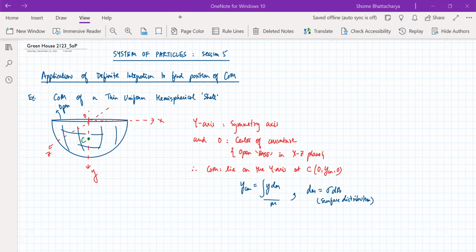So here we will take sigma, of course, as total mass upon 2 pi R square, because that is the surface area of the hemisphere.